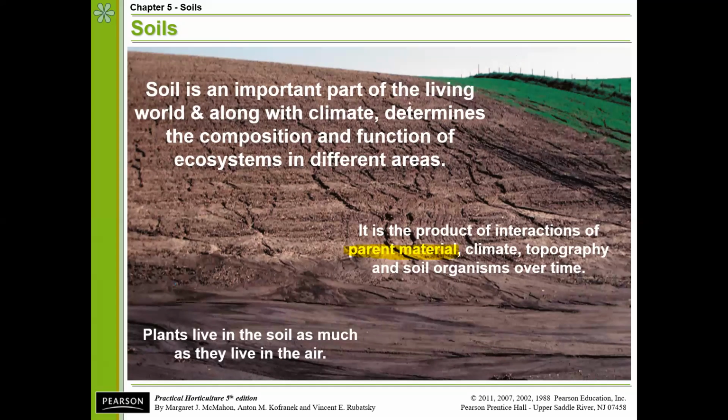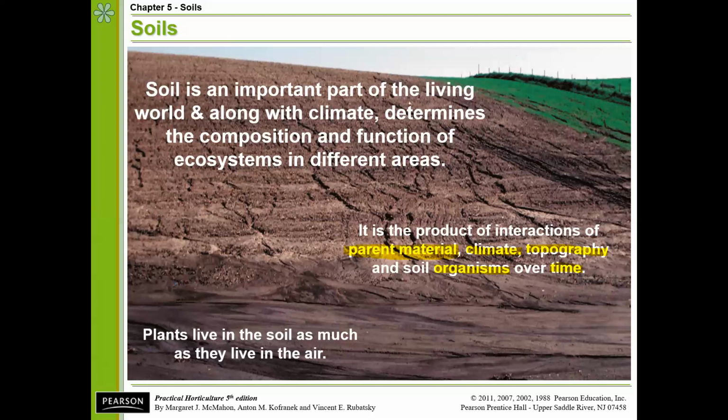So it starts with parent material, but then we look at the climate, the topography, the lay of the land, as well as the organisms, both in the soil, on top of the soil, the plants. All of these factors integrated and interacting over a long scale of time determine what our soil is like.